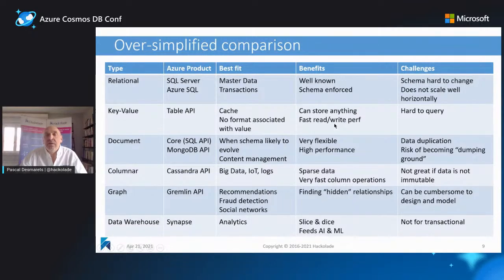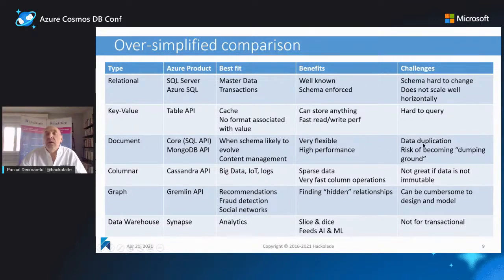Key value stores are great for caching, with incredibly fast performance for reads and writes. But if you're doing queries on anything else than the key, it's going to be really difficult, if not impossible. That's not what it was made for, but as we could see, there are specific use cases where it shines. Document databases, on the other hand, are extremely flexible, still very performant in terms of access speed.